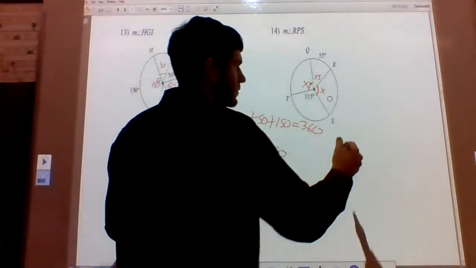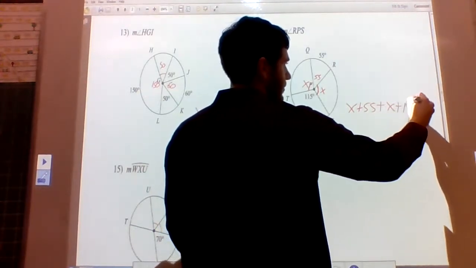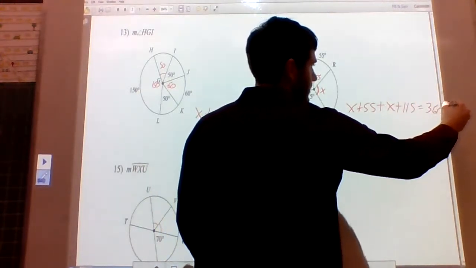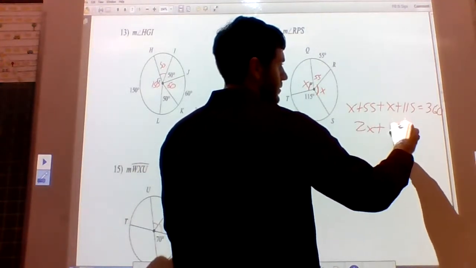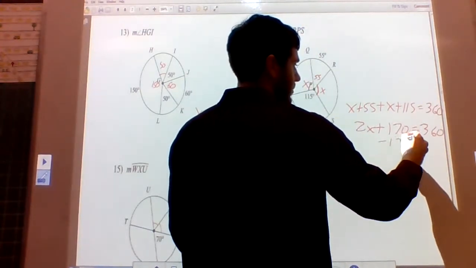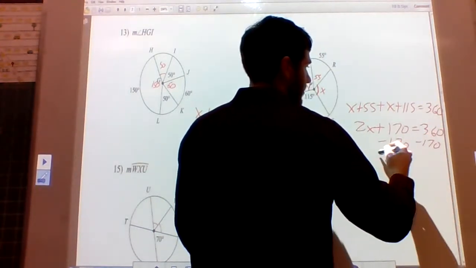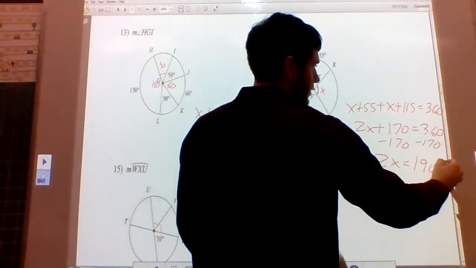Okay, so x plus 55 plus x plus 115 is going to equal 360. So 2x plus 170 equals 360. Subtract 170, and we get 2x equals 190.